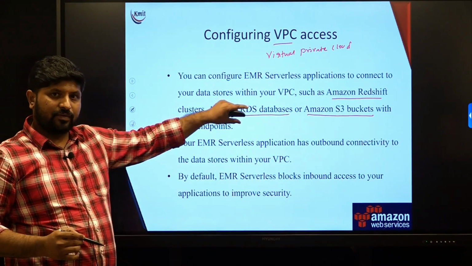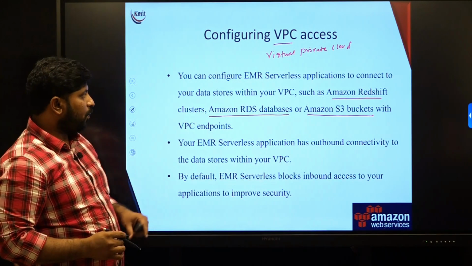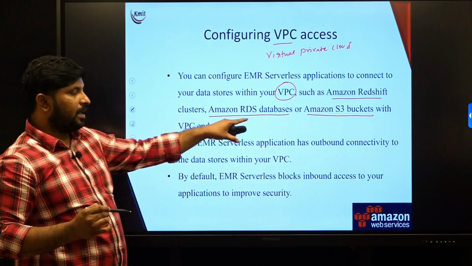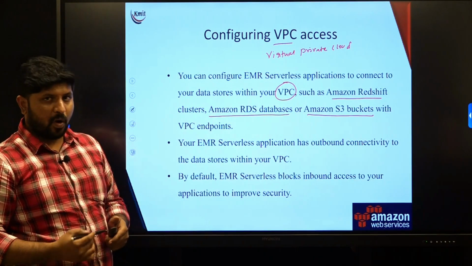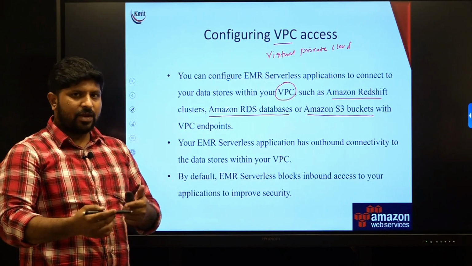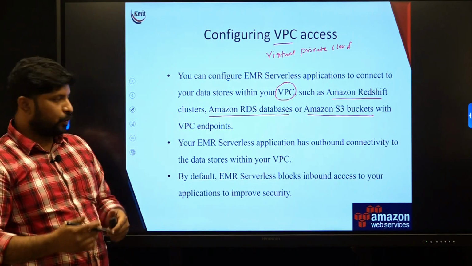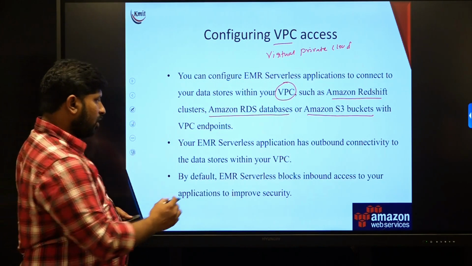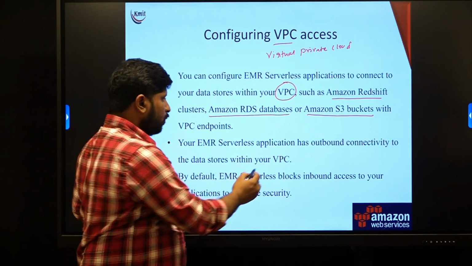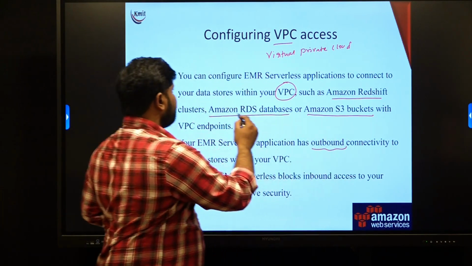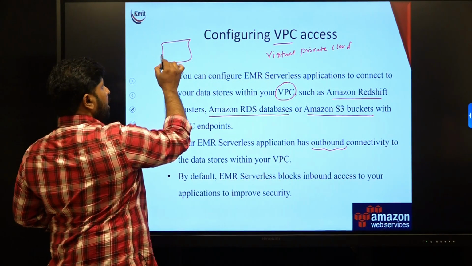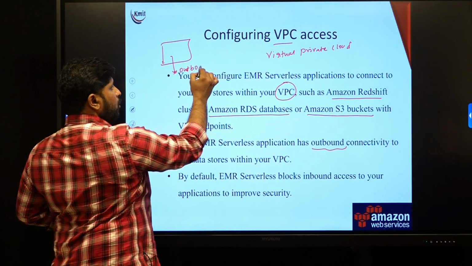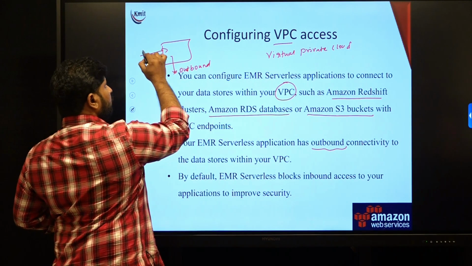All these three services are going to be deployed in our own VPC, and all these three are used as endpoints. Anyone, not all, anyone will be used as an endpoint to store the data in our VPC. By default, we are getting outbound rules, because VPC is a virtual private cloud and you require some outbound rule and you require certain inbound rule.